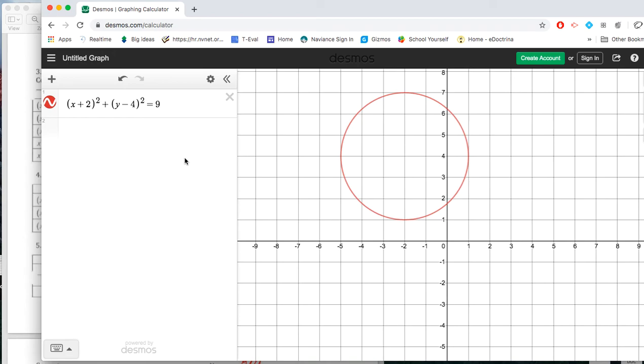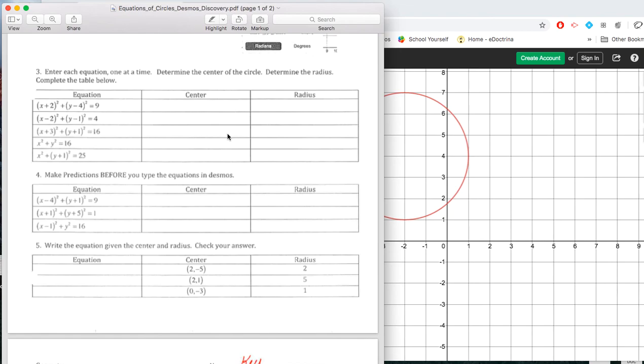And when you do the next set of equations, can you figure out some similarities? Remember, our radius was 3 here. I don't exactly see a 3 over here, but maybe when you do your next set of equations, you can make some sort of predictions.